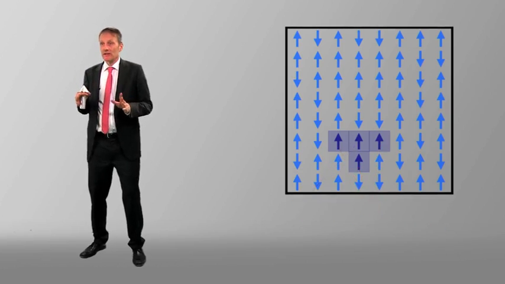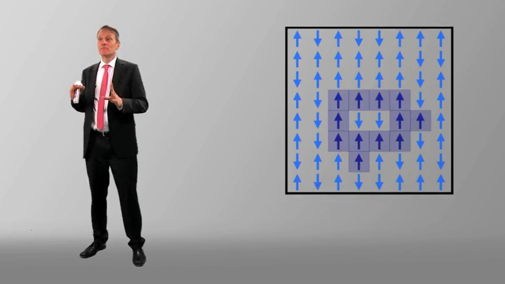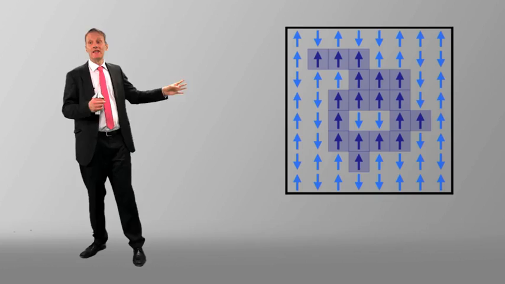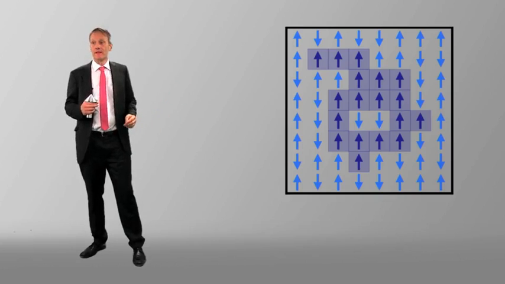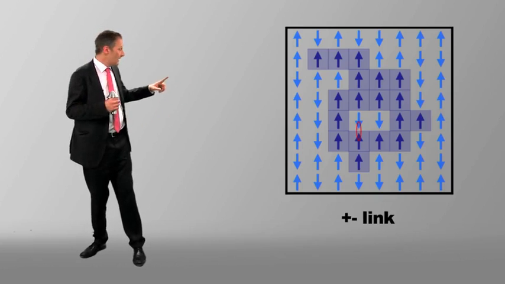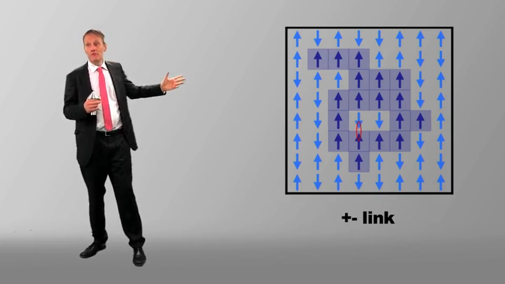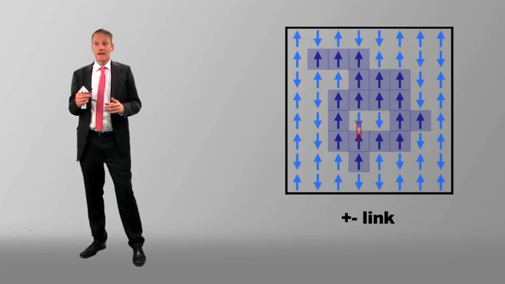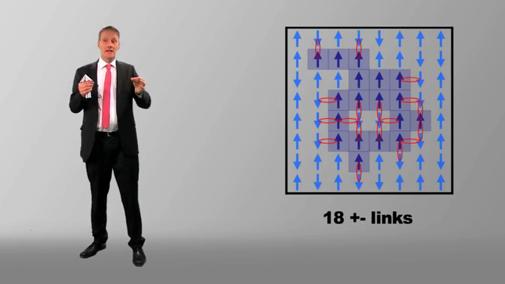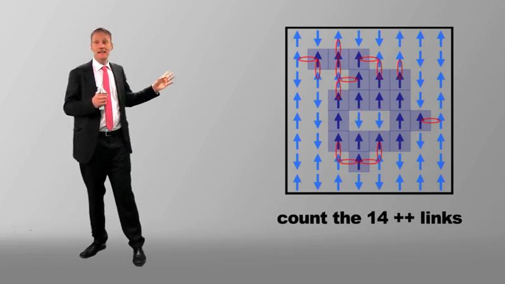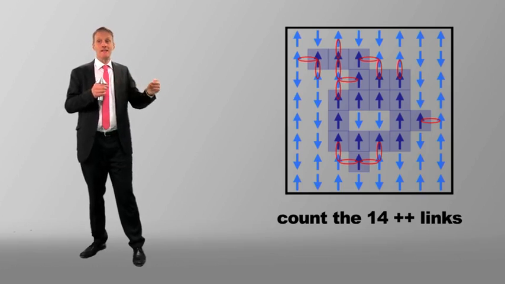At some moment, the pocket is empty. For example, for the cluster shown here. You see, and you can count for yourself, that across the boundary of this cluster, there are 18 links plus minus and 14 links plus plus.